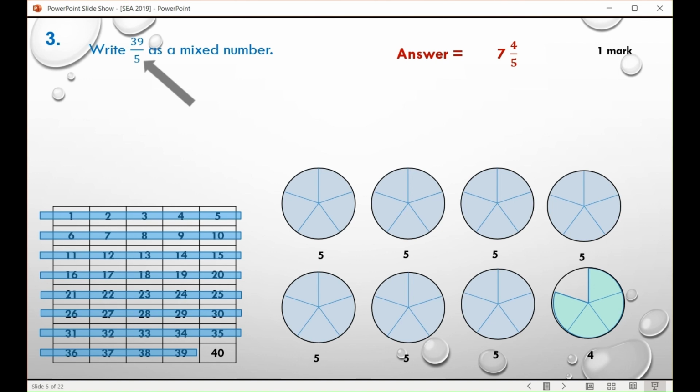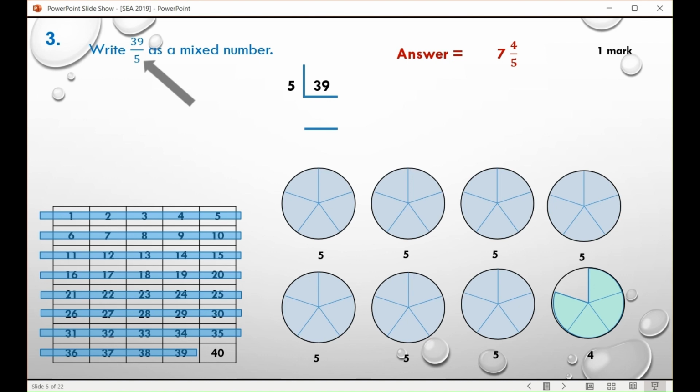And of course, the standard way that many teachers teach it would be like it's doing a division, where the numerator is the dividend and the denominator is considered to be the divisor. And how many 5s can we get into 39? Well, we know 5 8s are 40, so it's a little too much.